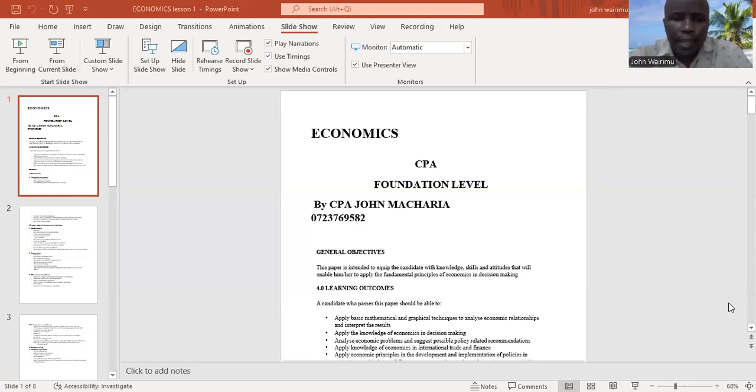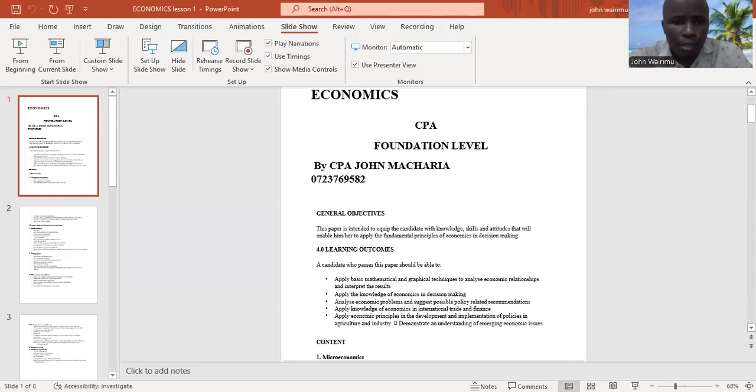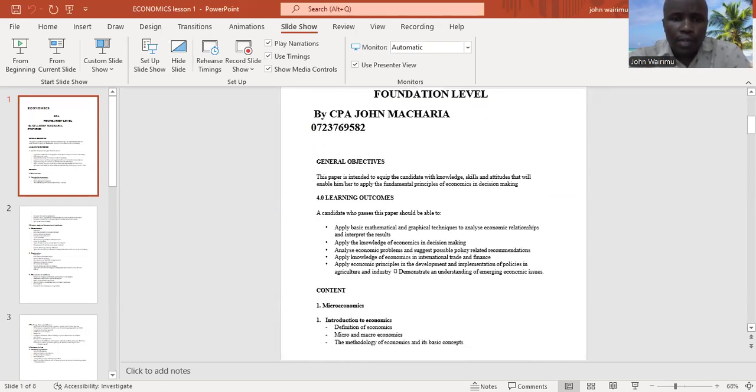Now, economics, we shall look at the general objectives, what is expected of you. One, you are told that this paper is intended to equip candidates with knowledge, skills, and attitude that will enable him or her to apply fundamental principles of economics in decision making.